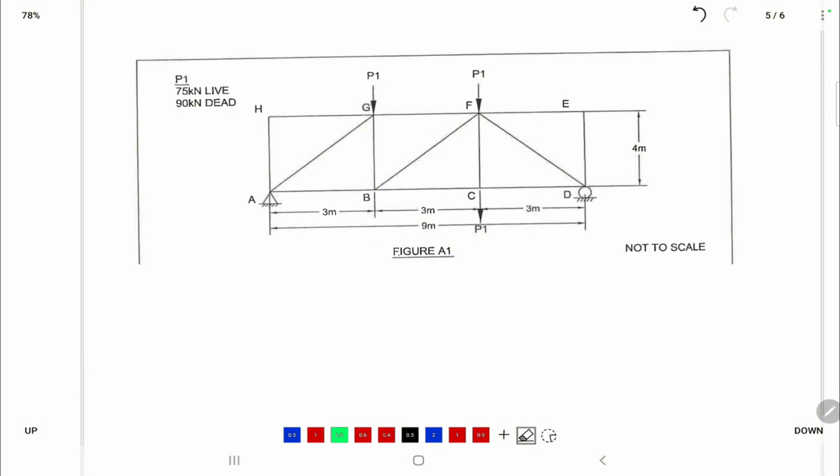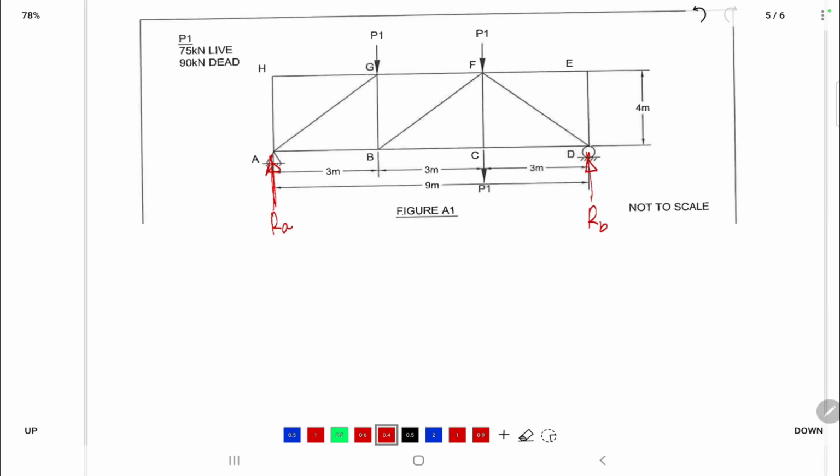How can I solve it? Okay, now let me take a section here. First, we need to compute the reactions R sub A and R sub B.